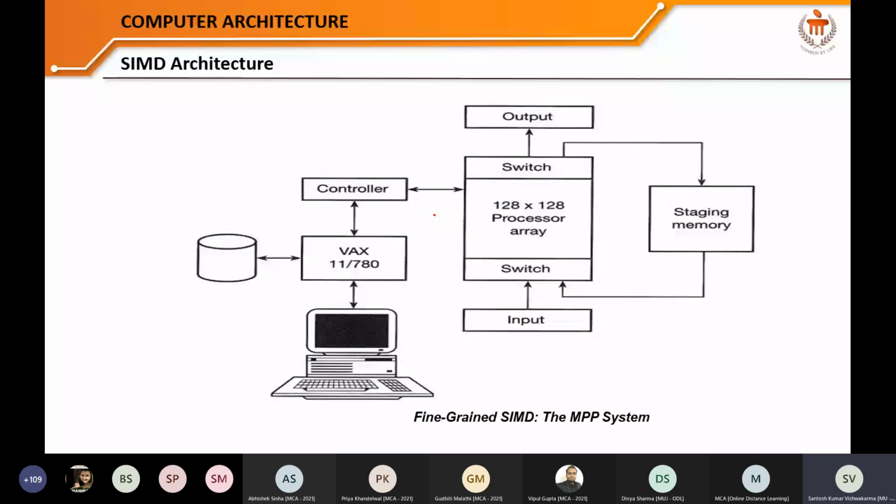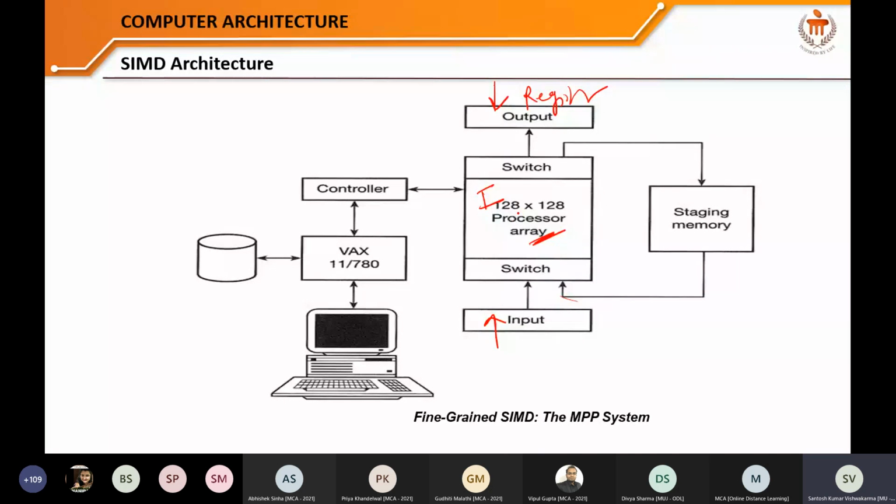The first may be the input and output memory, which may be implemented through a form of registers, and there will be a switching element because there is a huge number of processors in the array, and each can multiplex with n number of other switches or hubs, because that kind of stuff has been implemented with this. And there is one staging memory, which is again connected through the switch. So I repeat, number one is this processor array.